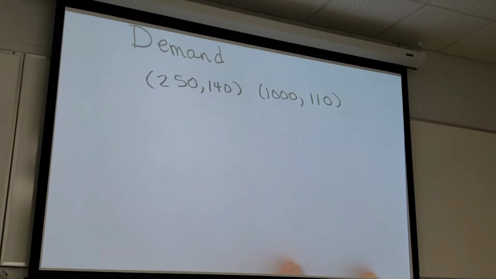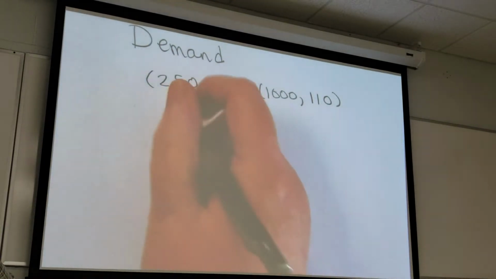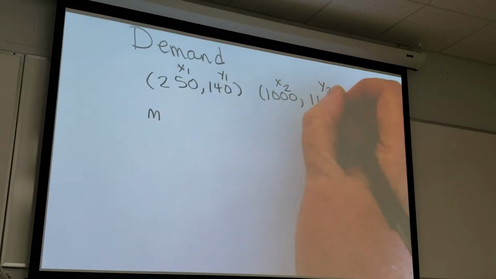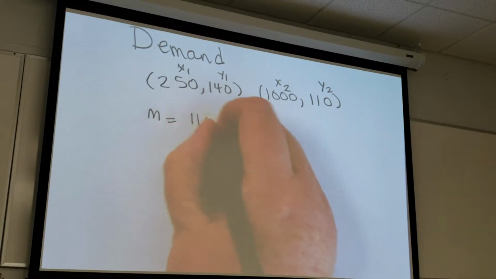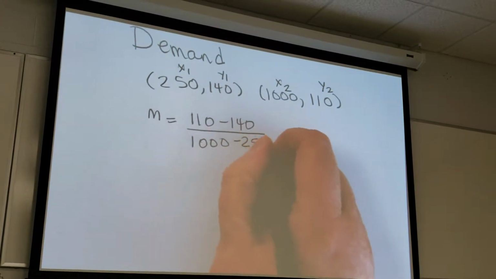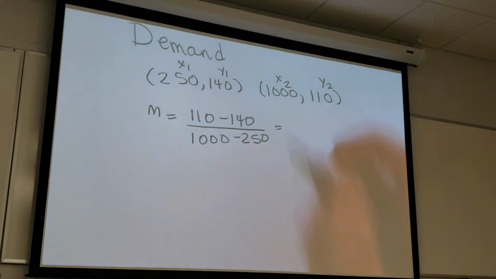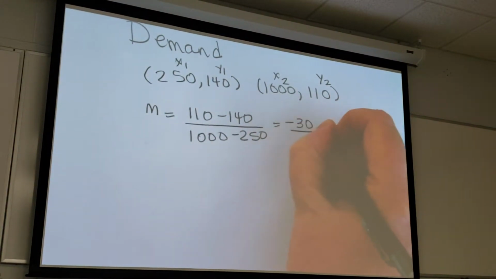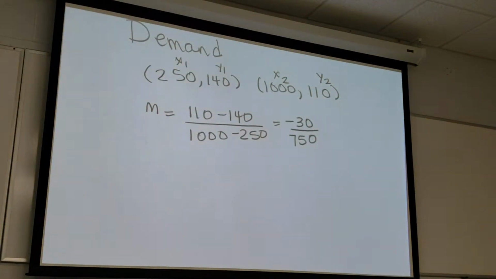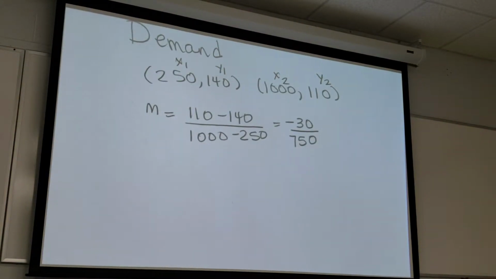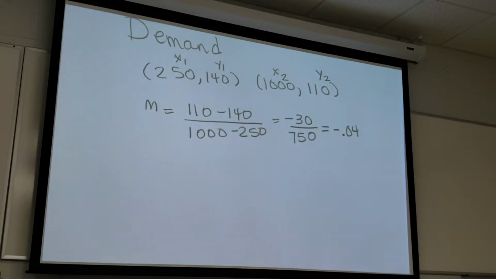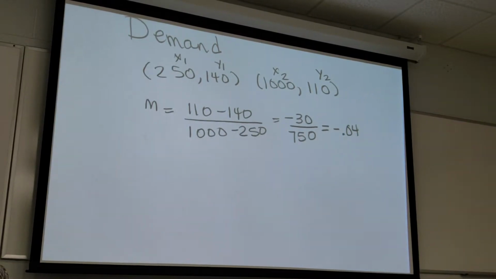I need to find the slope and then write the equation. My slope, it's negative 0.04.